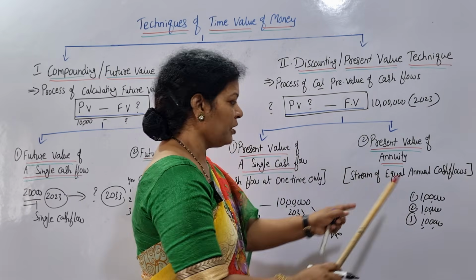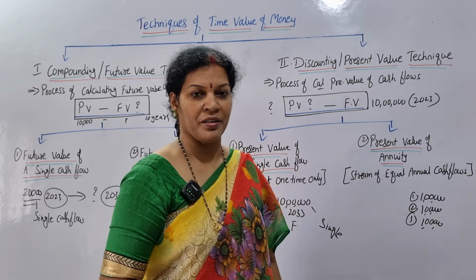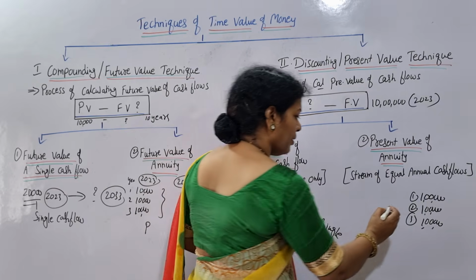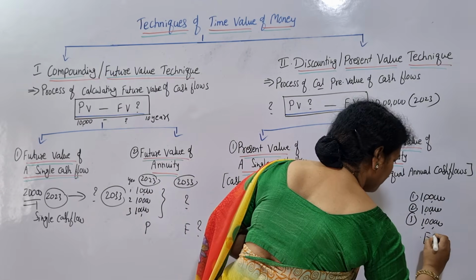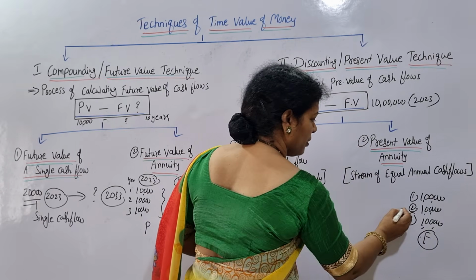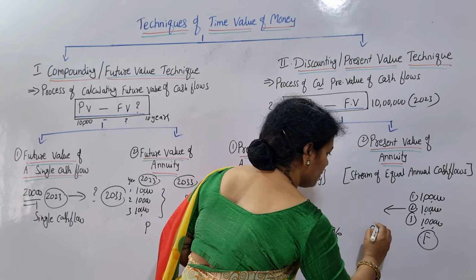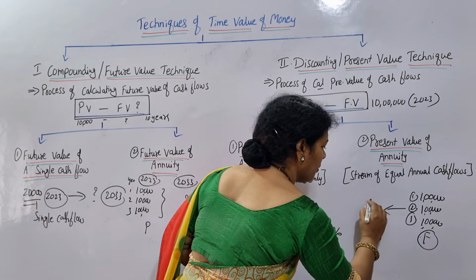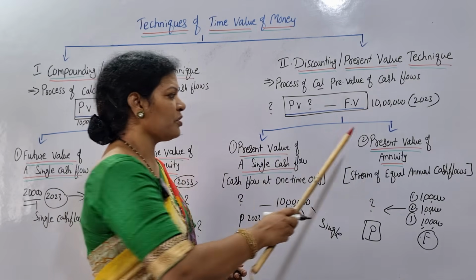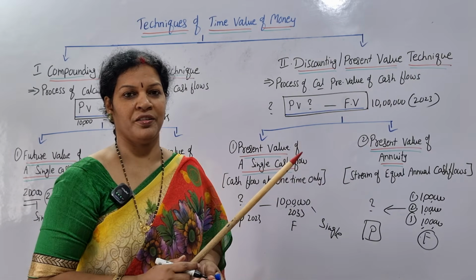So for 3 years they pay 1 lakh every year. This is future. Now what is the value of this at present? This is present value of annuity.